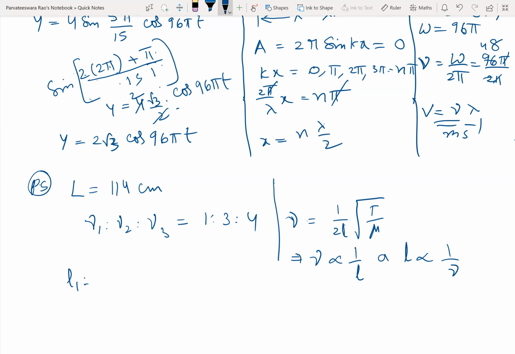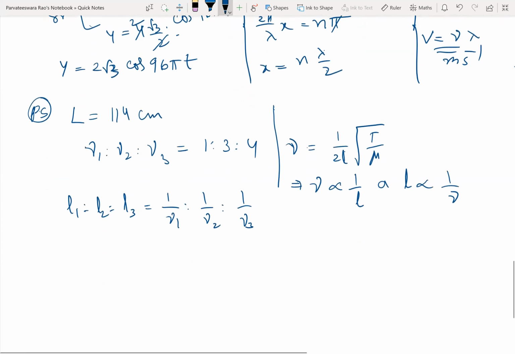So I can write L1 is to L2 is to L3 is 1/nu1 is to 1/nu2 is to 1/nu3. So this can be 1 is to 1/3 is to 1/4, means 12 is to 4 is to 3.